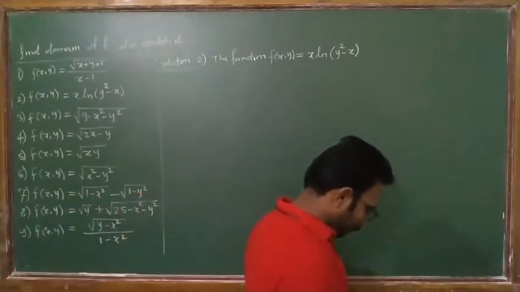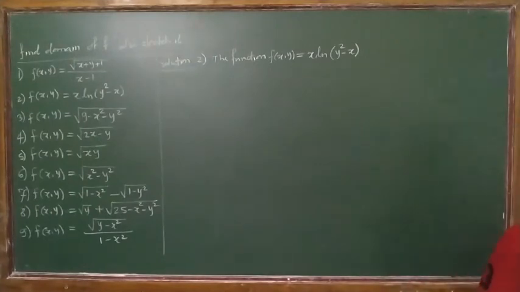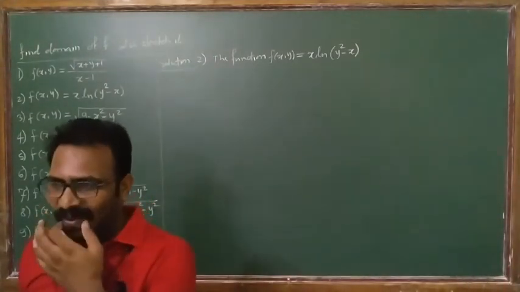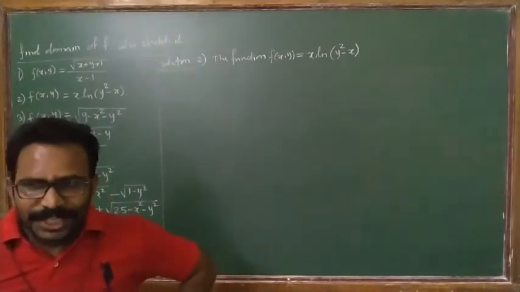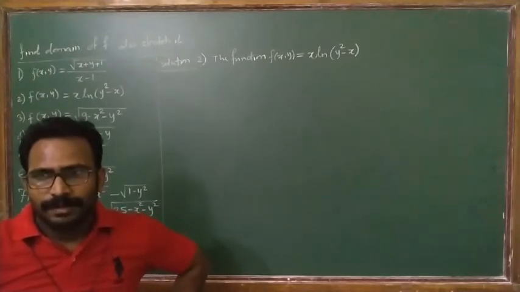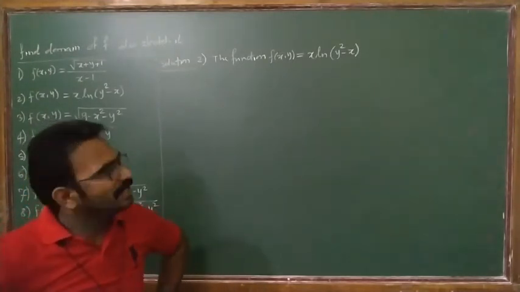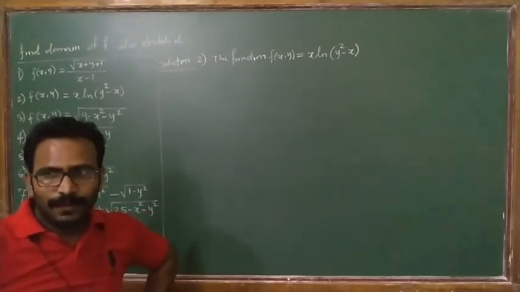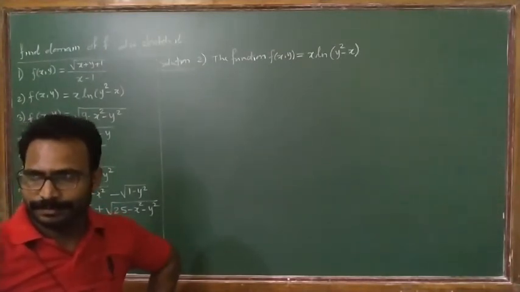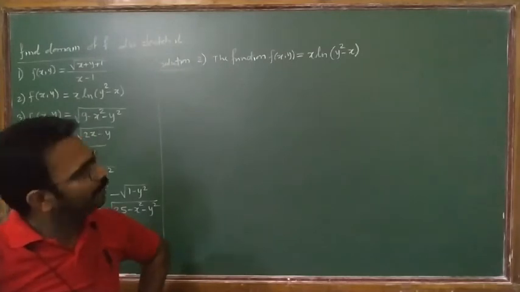So now observe which part of the function makes a problem for us. In which case we cannot have an image in the codomain, or we cannot have an output of the function.